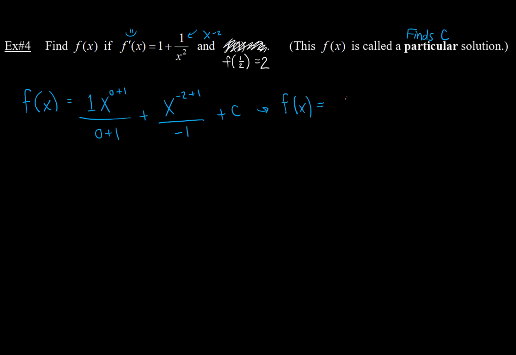So here I've got x to the 1 over 1 plus x to the negative 1, and that's not a plus because it was divided by a negative 1, plus c. Okay, now let's do some plugging and chugging.